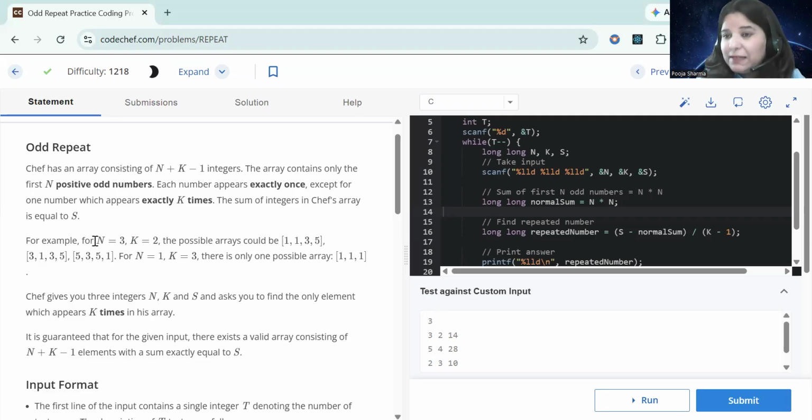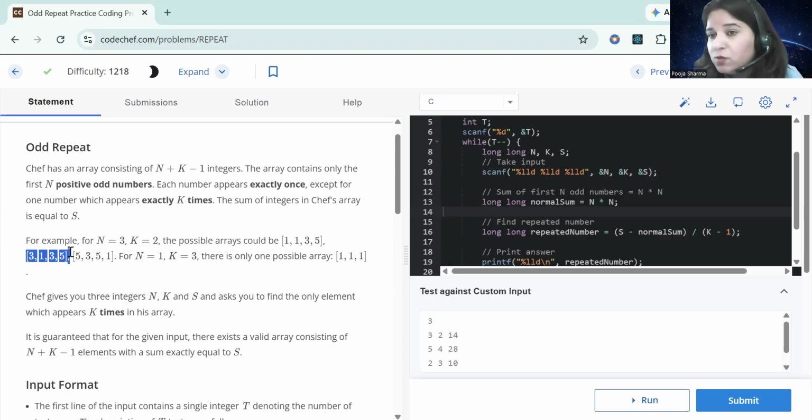Now, let's take another example. There could be multiple examples for this list. So, n equals 3, so 3 different elements: 1, 3, and 5, yes. And k equals 2. So 3 comes twice. This is also valid for n equals 3, k equals 2. So there could be multiple ways in which it can be valid. So we have to find the basic solution for this, right?